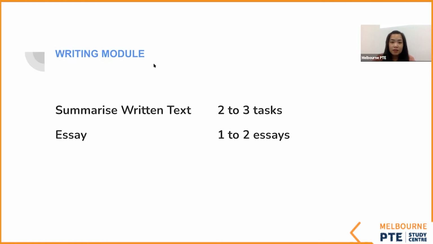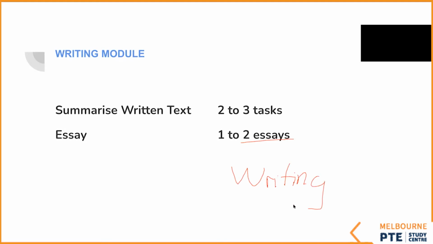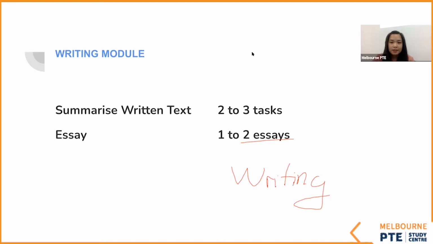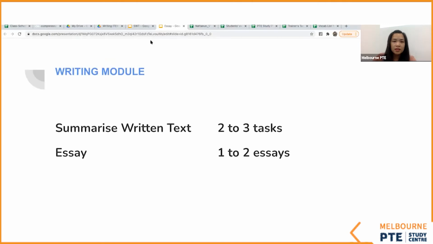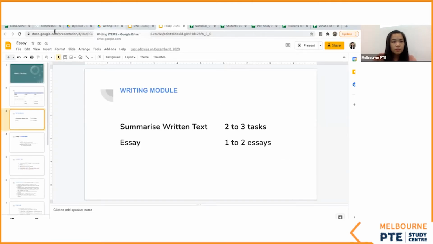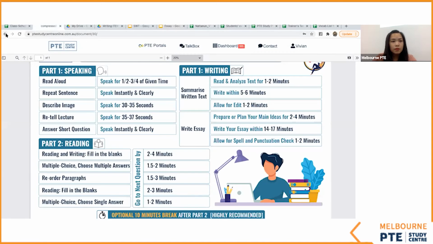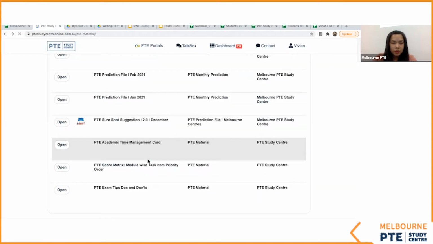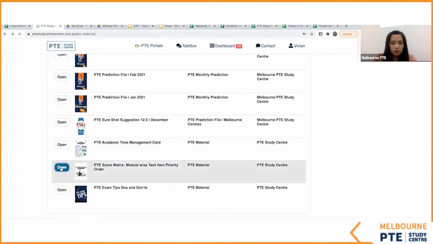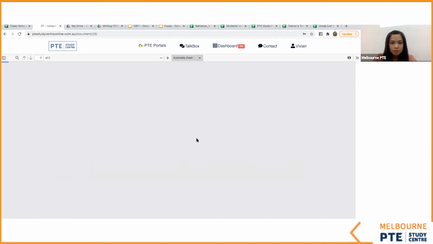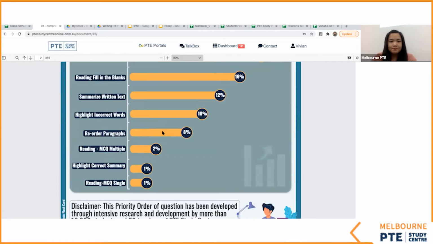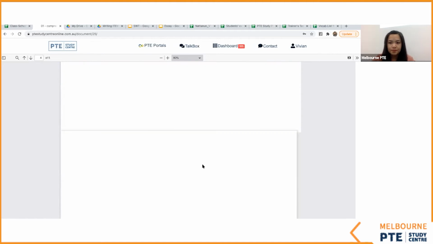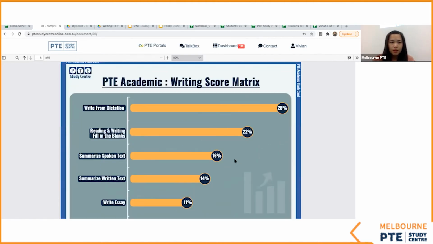For me, if you have 2 essays, it's very easy to boost your writing. Remember that. Okay. How? Now, 1 essay will give you 11%. I'll show you. Remember the score matrix that I showed you earlier? All right, here.